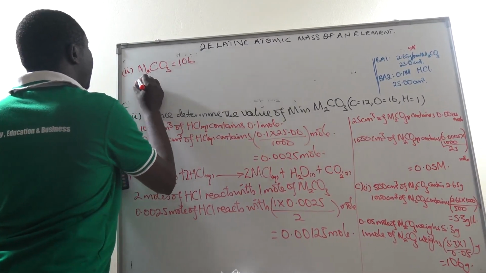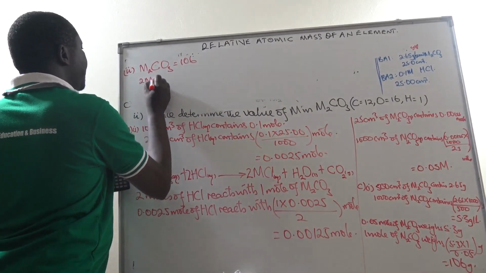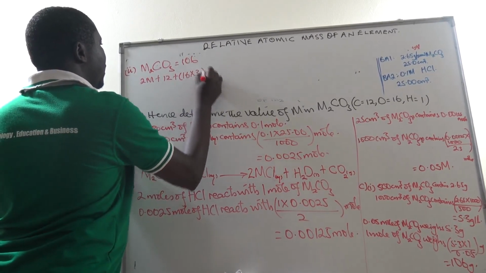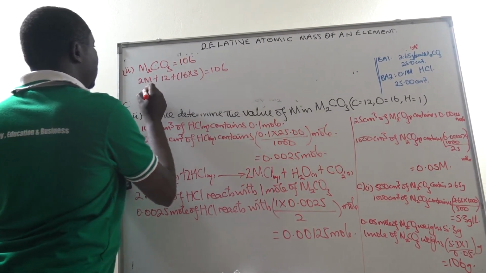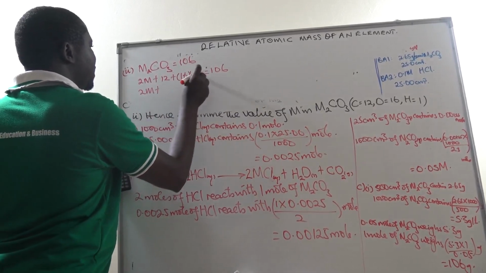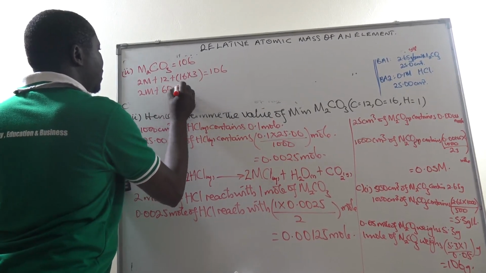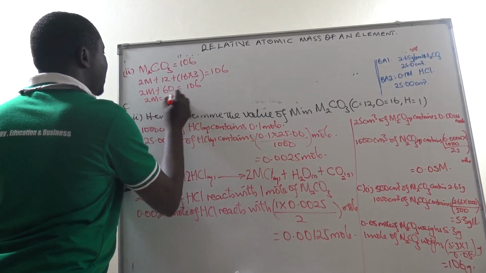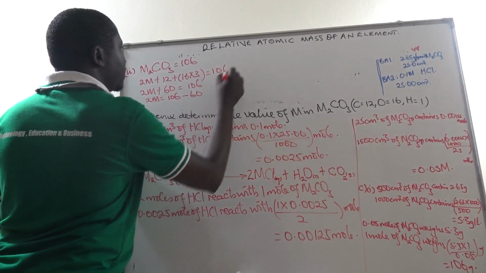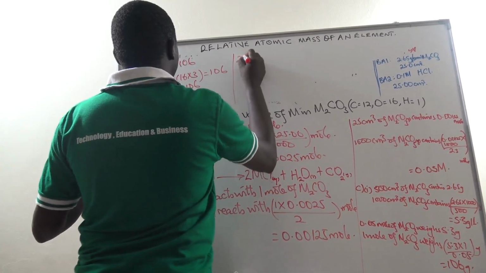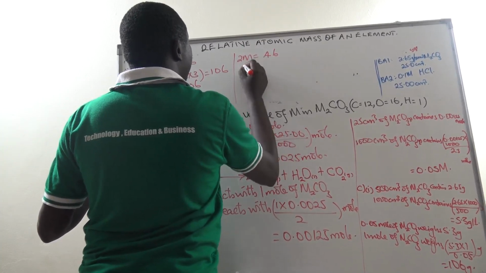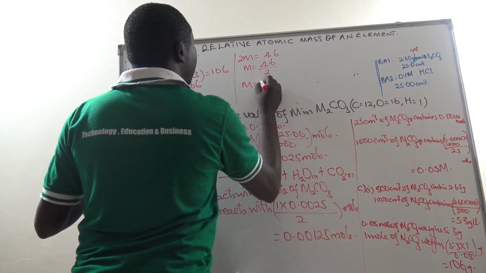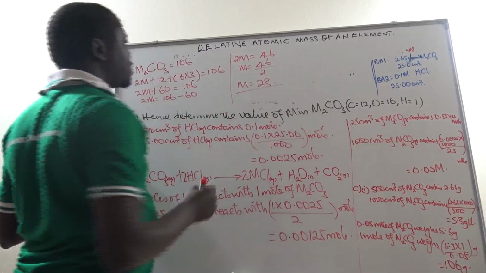So it will be 2 times M, which is 2M, plus 12 plus 16 times 3, will give us 106. So it is 2M plus 16 times 3 is 48, plus 12 is 60, will give us 106. So 2M is equal to 106 minus 60. So 2M is equal to 46, and M is equal to 46 divided by 2, and M is equal to 23.